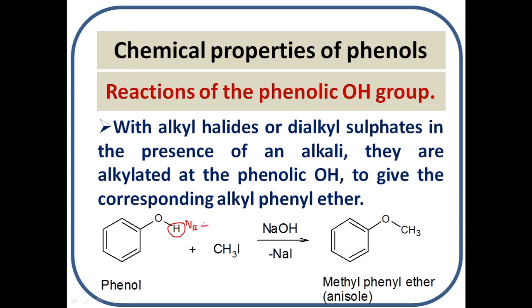And if you are taking alkyl halide, say methyl iodide, the reaction takes place in this way. Sodium and iodine will be liberated as sodium iodide, and the remaining CH3 will be attached to the oxygen atom to give the methyl phenyl ether or anisole. So from phenol, we get methyl phenyl ether or anisole.